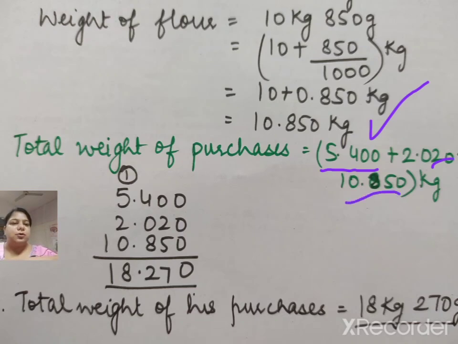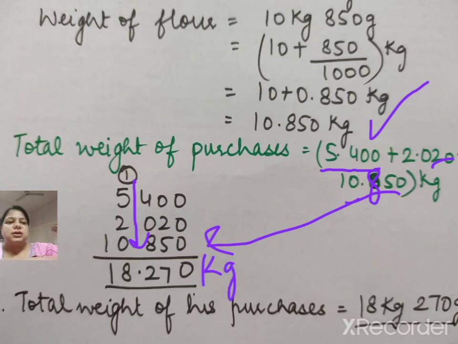Again, to add up all these three, you will set it as decimals below the decimals. Here we have written 10.850, and this is 18.270 kilograms, right?